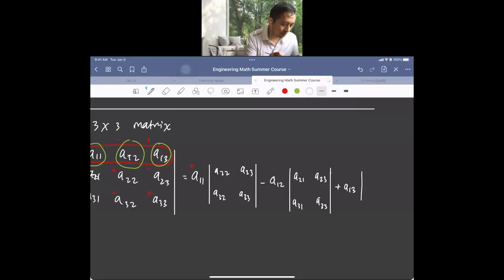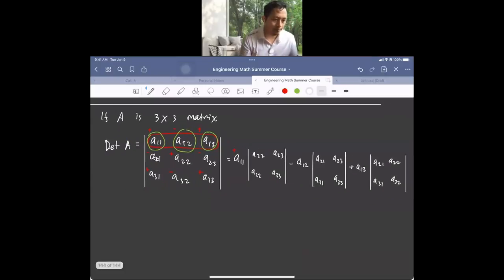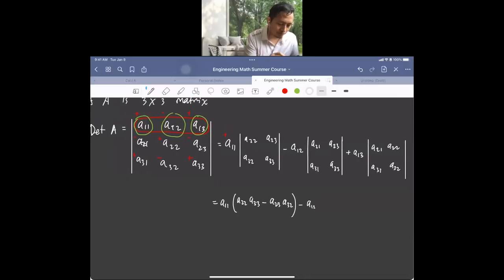And then plus A13 times A21, A22, A31, A32. Then we can solve this, and the equation becomes A11 times (A22 A33 minus A23 A32), and do the same thing for all of the others.